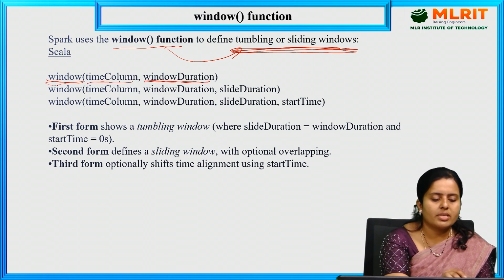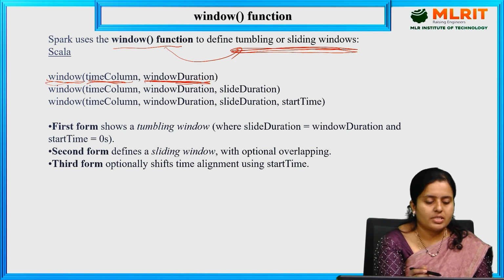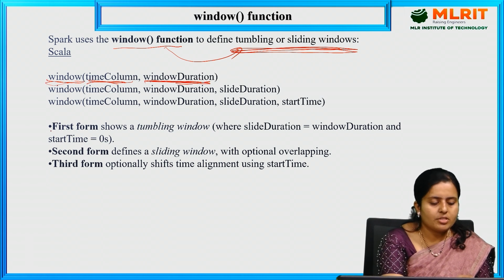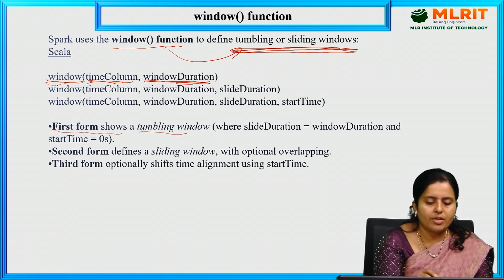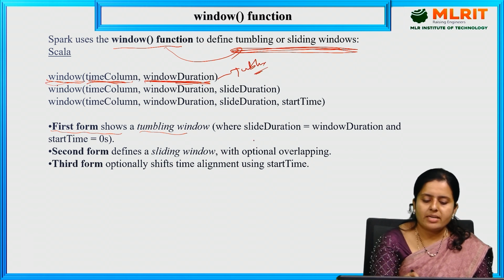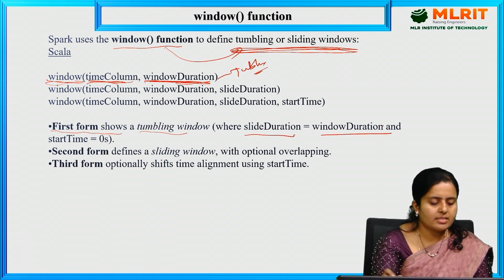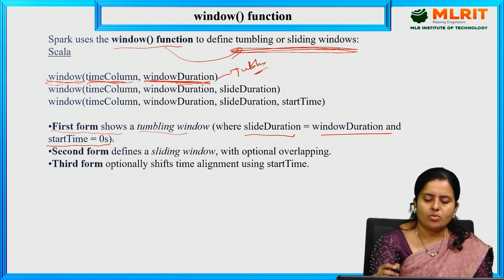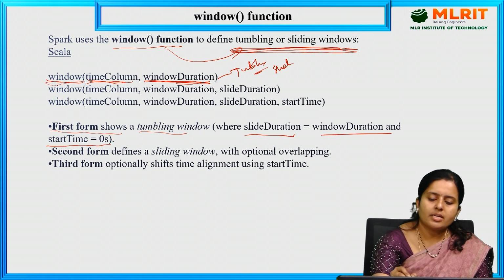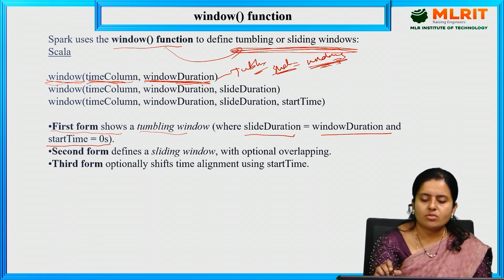The first form shows a tumbling window, where the slide duration equals the window duration and the start time is 0. Why? Because the slide duration and window duration are the same, so we can say these two are equal.